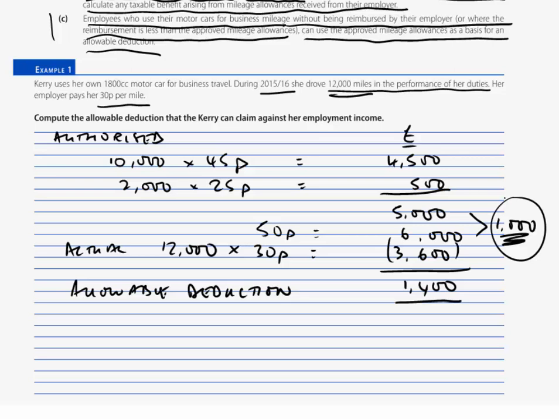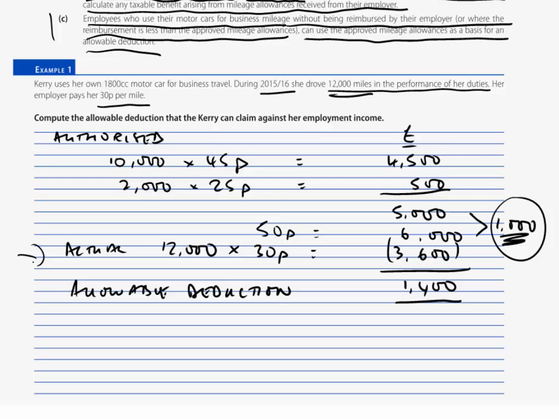So here we have to always do this calculation comparing what is the approved level of reimbursement with the actual level of reimbursement, and whatever is the difference will feature in determining the employment income assessment. If, as in our first example, she was only reimbursed at 30p a mile, a £1,400 deduction would come away in determining the net employment income assessment of the taxpayer to include within her income tax computation.